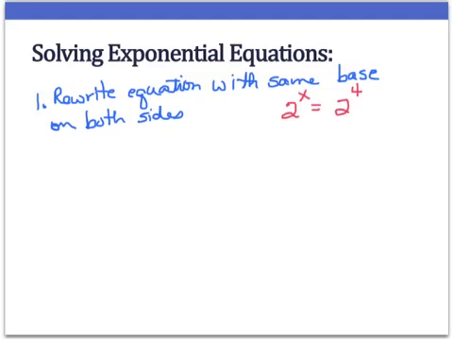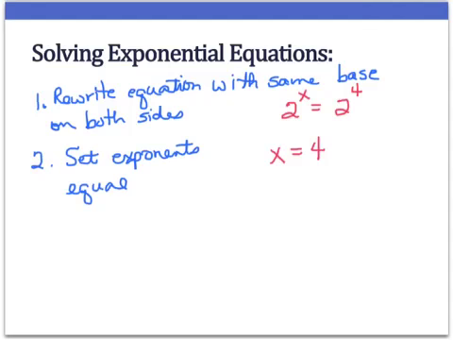Then your next step is once you have that, you're going to set the exponents equal to each other. Because if the bases are the same, you don't need them anymore. Really what matters is the exponent. So we will just say x equals 4.